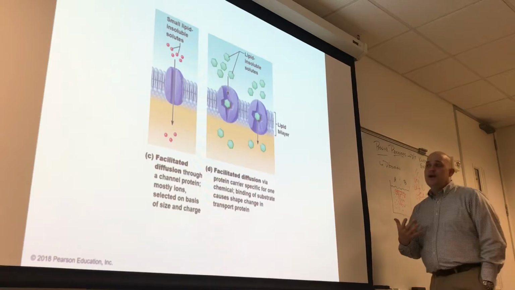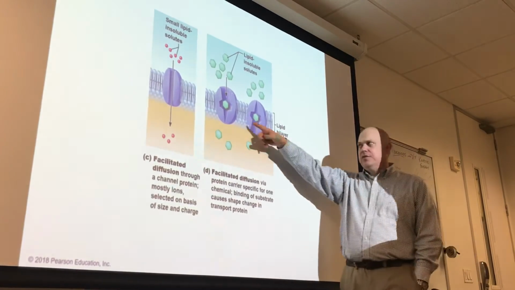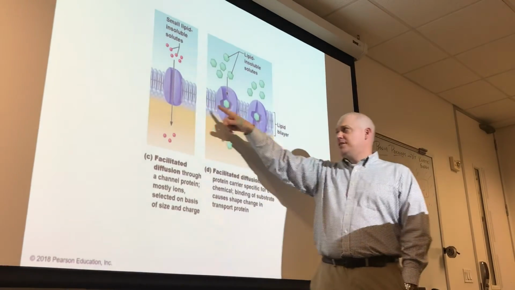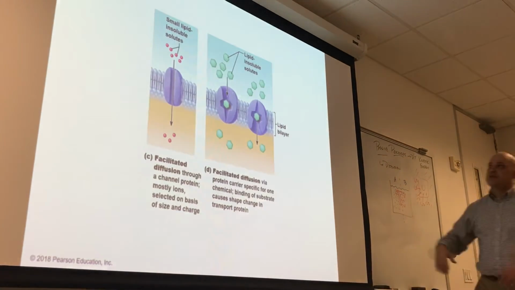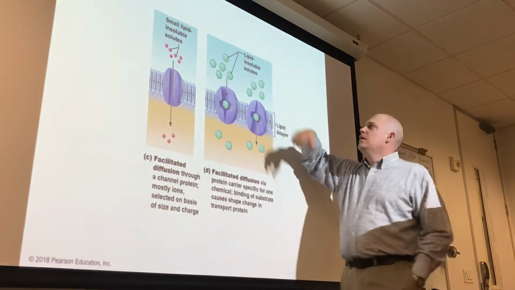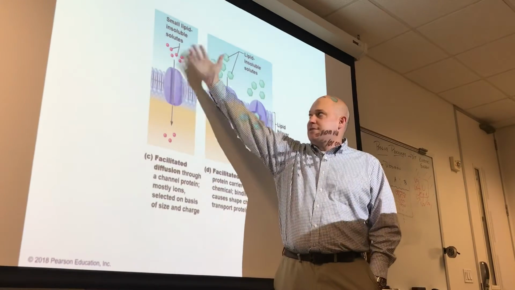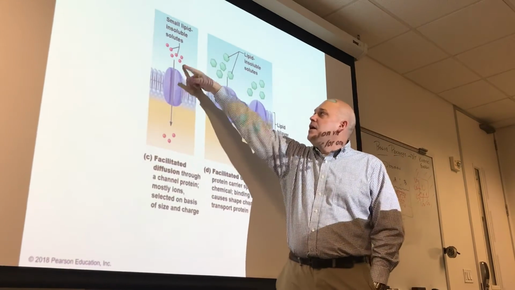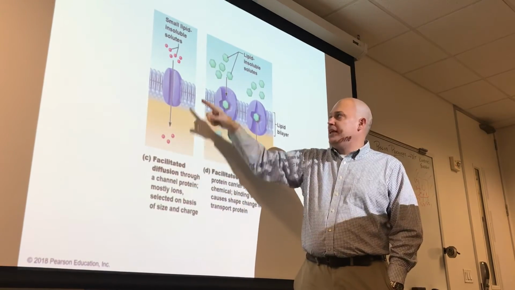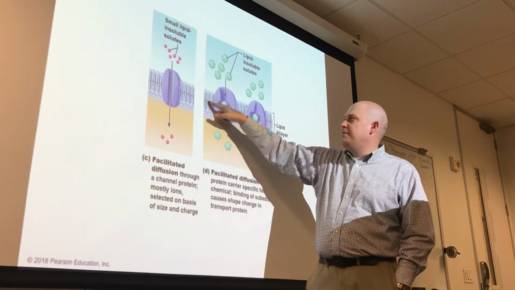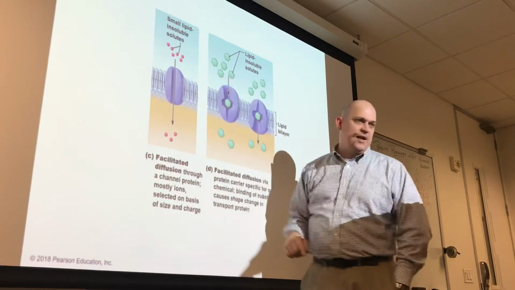In this case, we're going to use some sort of channel that exists in the plasma membrane. So these particles, whatever this is going to be, a sugar or something else, whatever the book is making this, these products ultimately need to come into the cell, but they can't go right through the plasma membrane because these are not fat soluble.